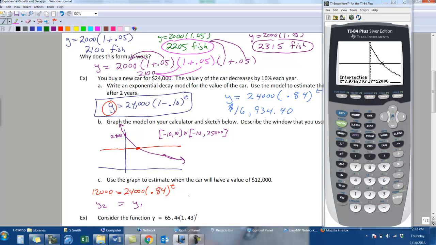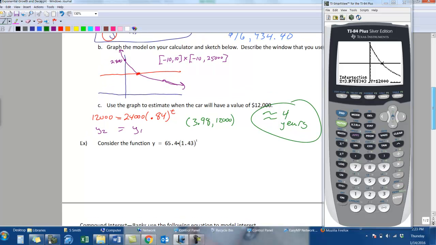You should come up with the point 3.98, comma 12,000, right? So how long will it take for our car to be about half its value? It would take about 4 years. So our calculator is a powerful tool in solving these things.